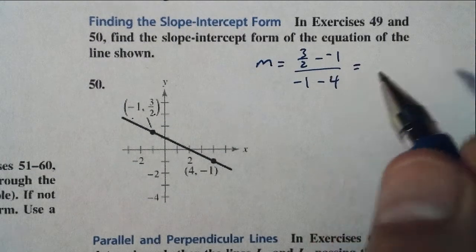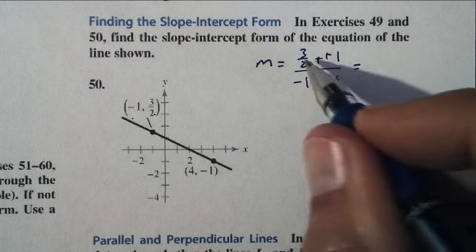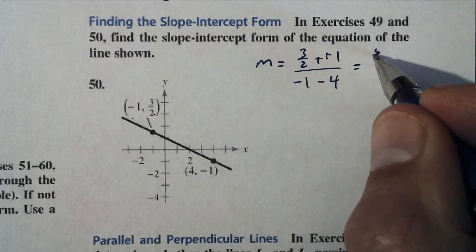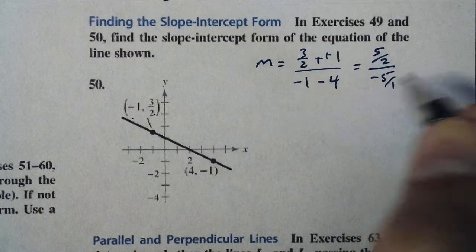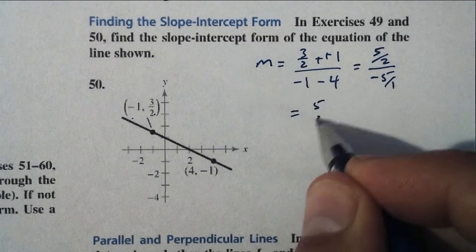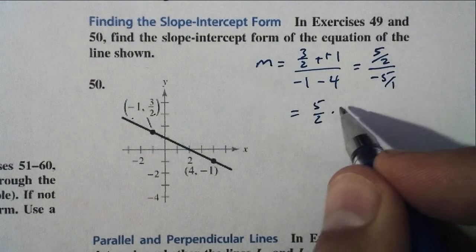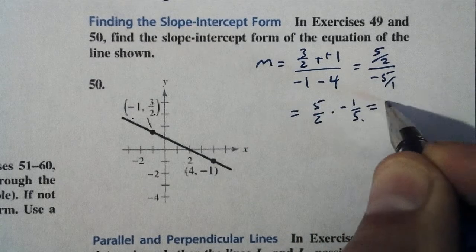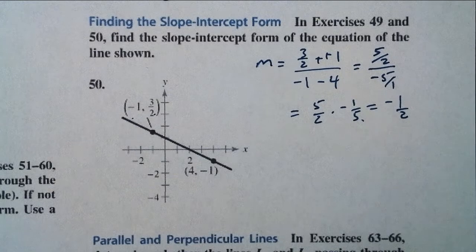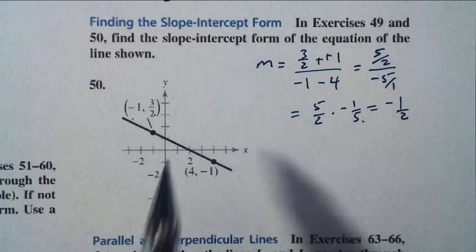And that is 3/2 plus 2/2, 5/2 over -5, which could be 5/2 times -1/5. Cancel the 5's, I get -1/2. So our slope is -1/2.